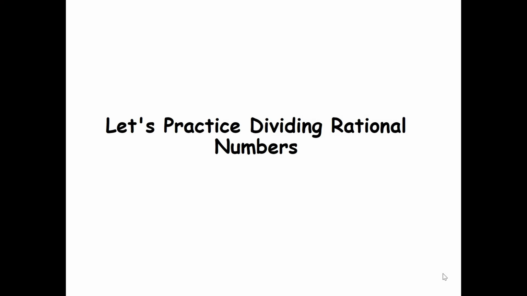Ayan, let's practice dividing rational numbers. I hope na natuto naman na tayo dun sa mga example na binigay ko, dun sa mga naunang slide. So, dito naman ngayon, mag-practice naman tayo kung natuto ba talaga tayo.